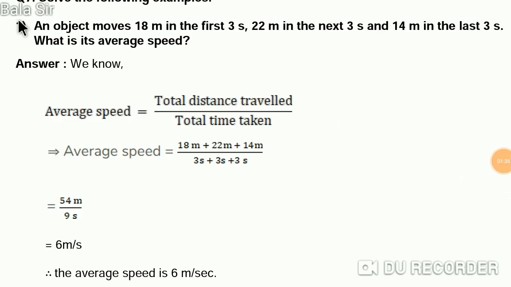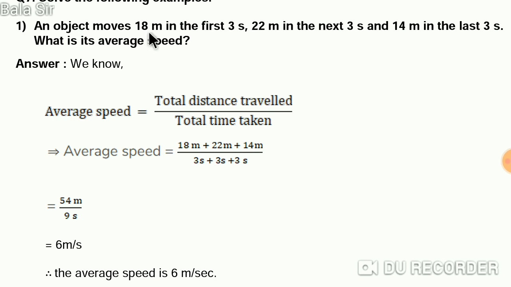First sum. An object moves 18 meter in the first 3 seconds, 22 meter in the next 3 seconds and 14 meter in the last 3 seconds. What is the average speed? Now before solving, look at the question properly.